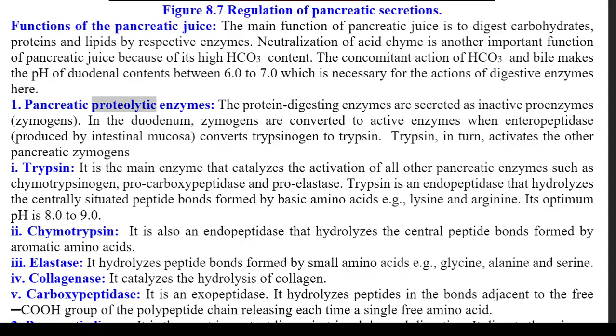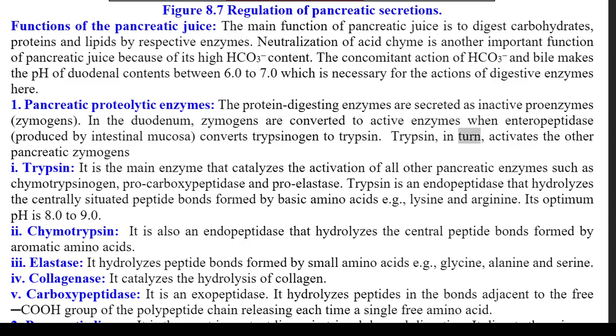1. Pancreatic proteolytic enzymes. The protein-digesting enzymes are secreted as inactive proenzymes, zymogens. In the duodenum, zymogens are converted to active enzymes when enteropeptidase, produced by intestinal mucosa, converts trypsinogen to trypsin.